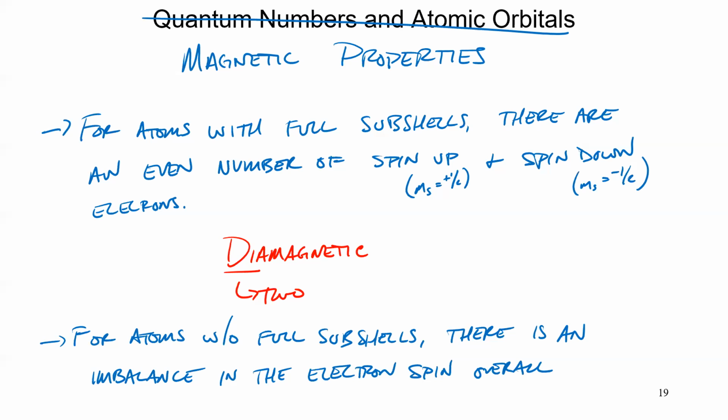We'll talk about how I know that it's 5 down and 6 up tomorrow. But for now, you just need to know that they're not equal. And so overall, that atom has a tiny bit of magnetic field due to the fact that one of those electron spins is unpaired. When we talk about atoms like this, we say that these are paramagnetic. Paramagnetic means that there's some unpaired electrons. Diamagnetic means that all of our electrons are paired up in terms of their spin.